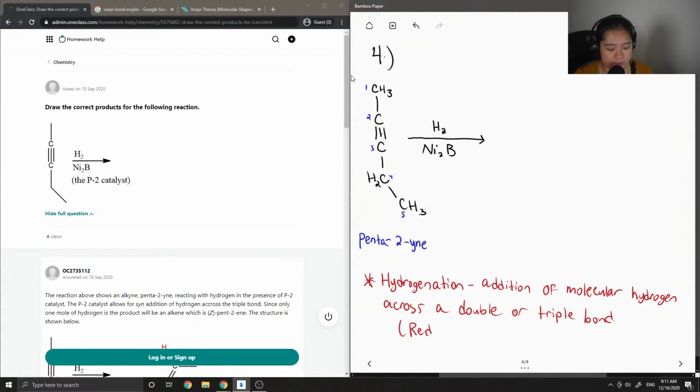So this reduces them. Okay, so this catalyst in particular, this P2 catalyst, allows for syn addition. So what this means is that our hydrogens will be added on the same side.